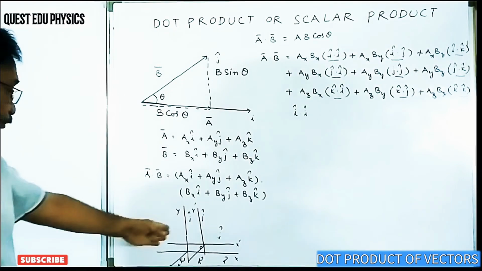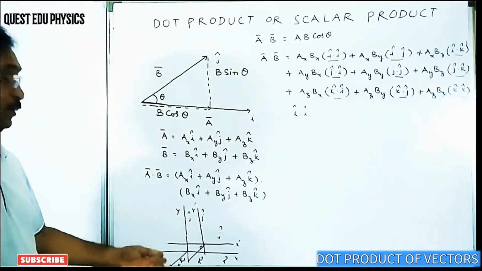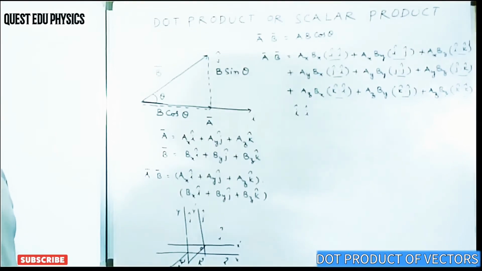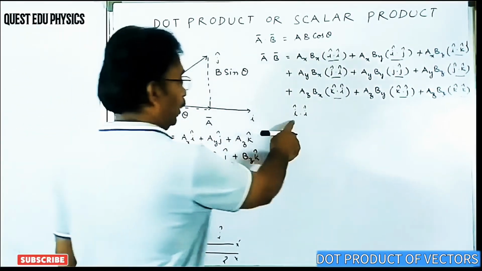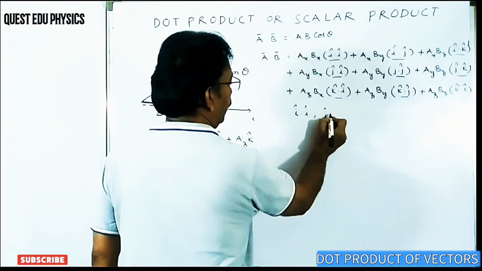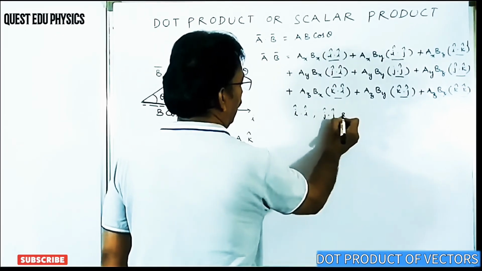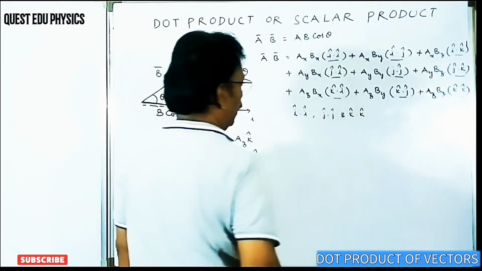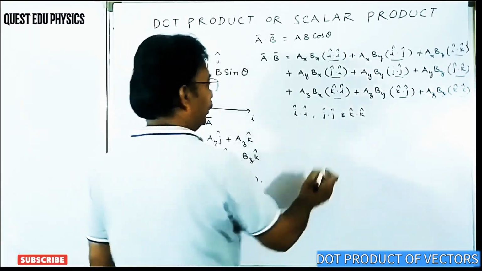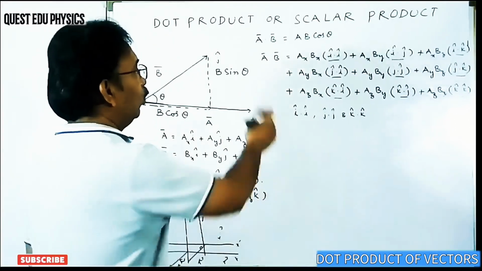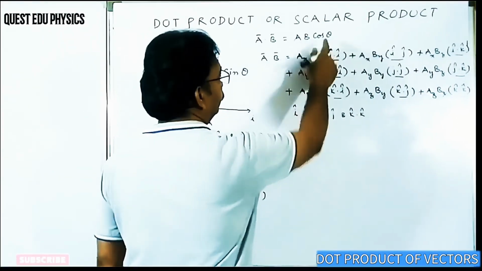If you watch them closely, you will understand that i cap dot i cap, j cap dot j cap and k cap dot k cap are mutually parallel, and we are going with vector multiplication.